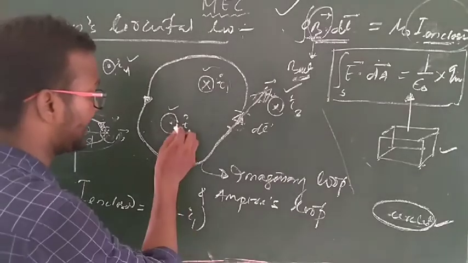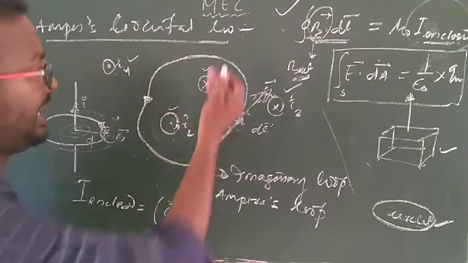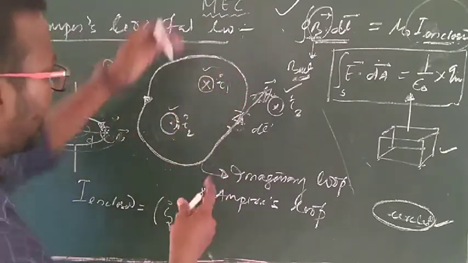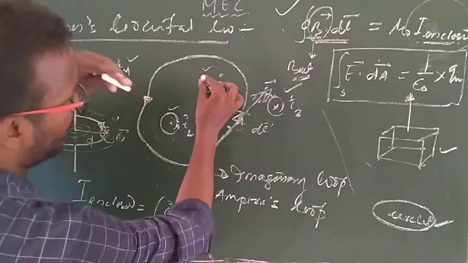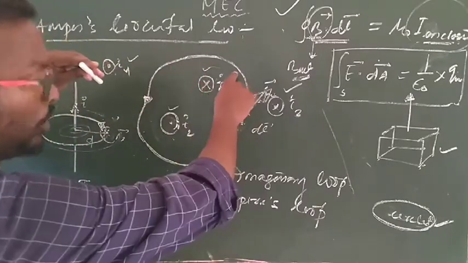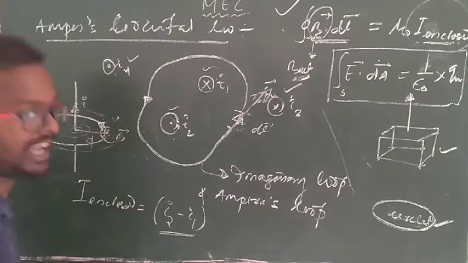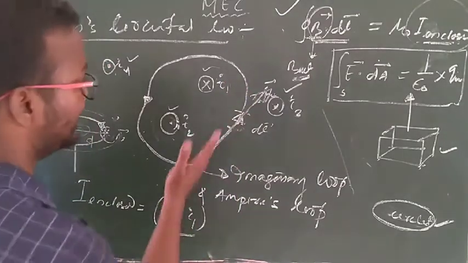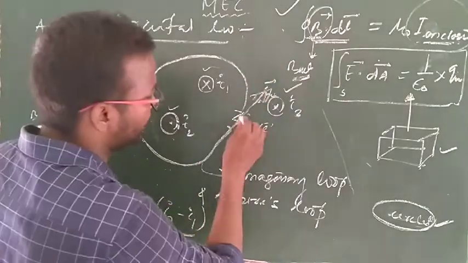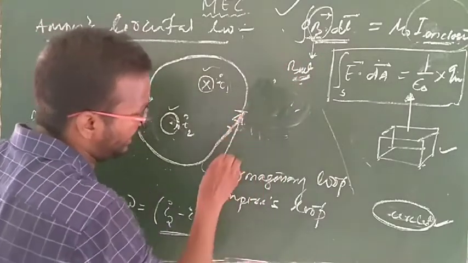Clear? If we take I2 as the positive direction, then I1 is negative, since there are two types of current, one coming inward and one coming outward. Clear? So the net current within the loop is equal to I2 minus I1, because of this direction of the magnetic field. Suppose we take the direction of the magnetic field in the downward direction.